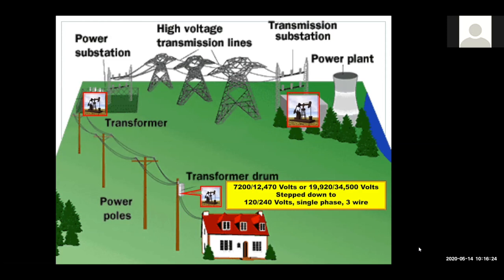And the other is the new, and not so new now, but the higher distribution, where the lower voltage from hot to neutral is 19,920 volts. The line to line is 34,500 volts. You say, man, that's a lot.